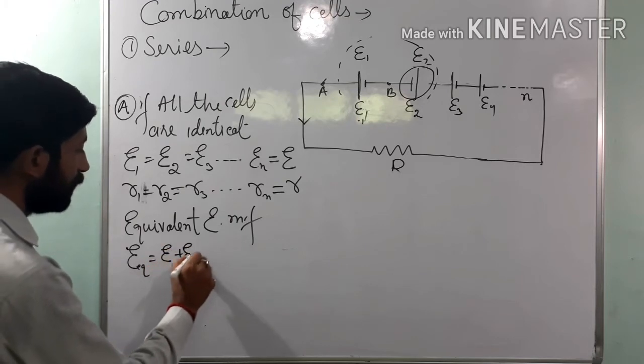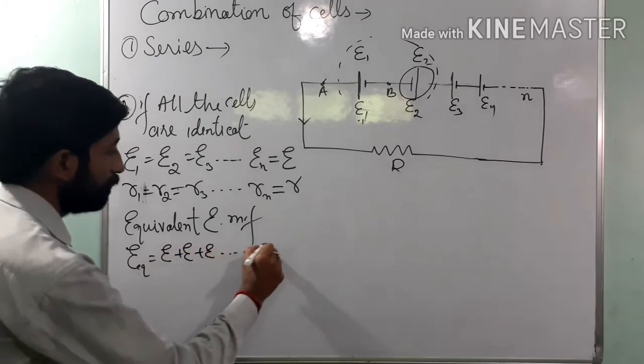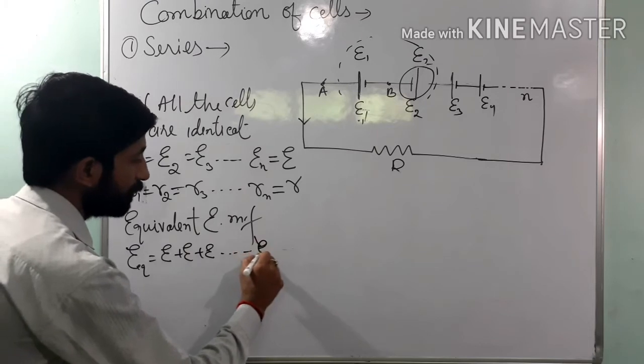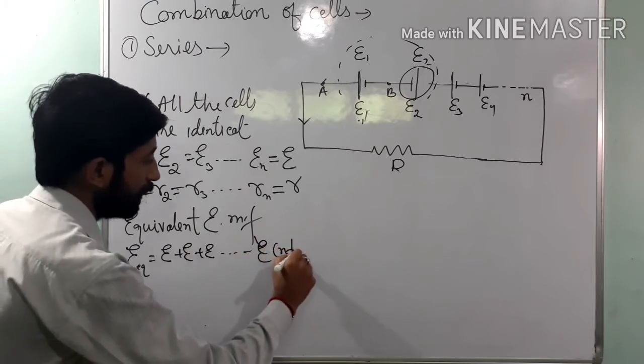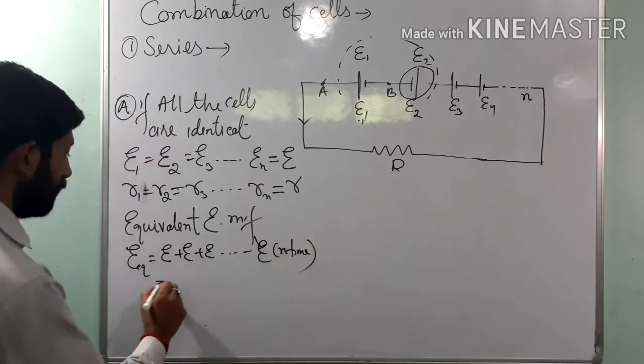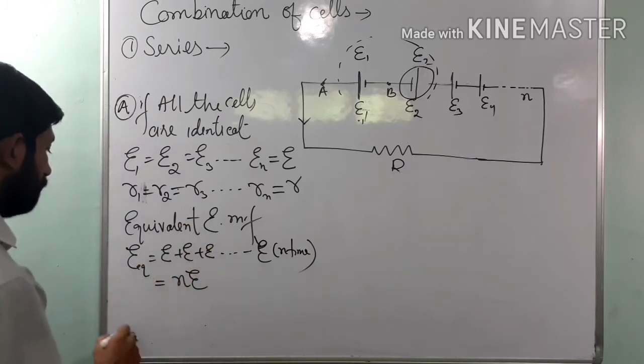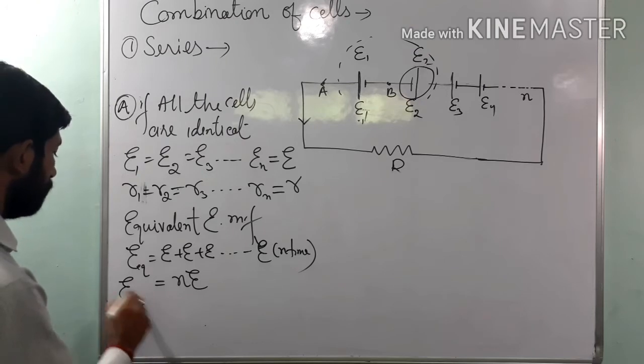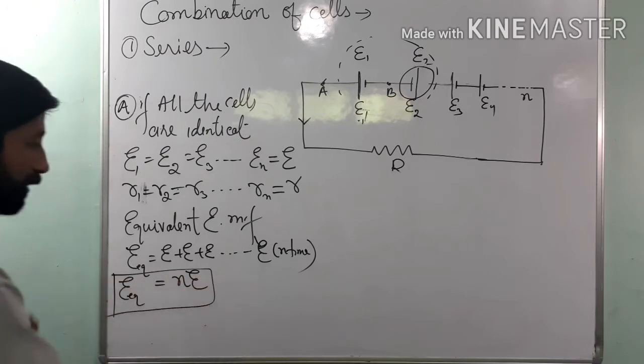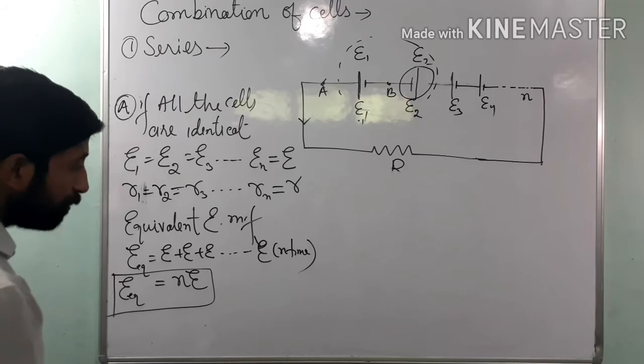E plus E plus E up to E, and how many times? That is n times, then it becomes n multiplied by the EMF of a cell. So that is E equivalent equals nE.